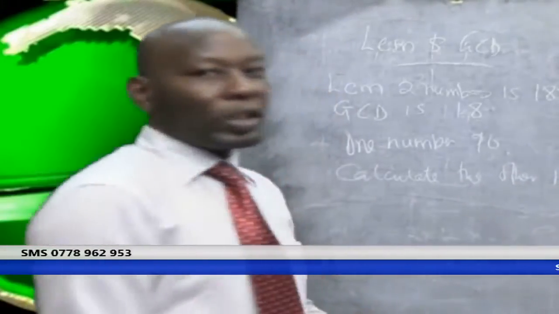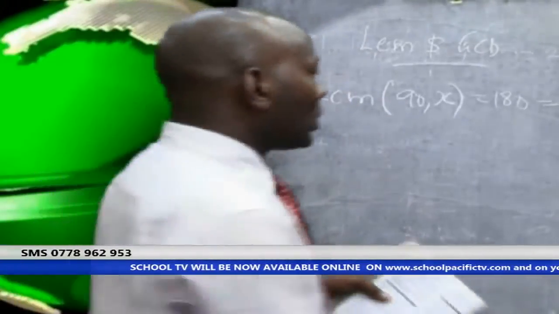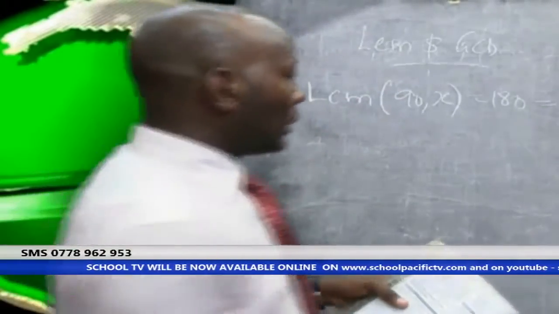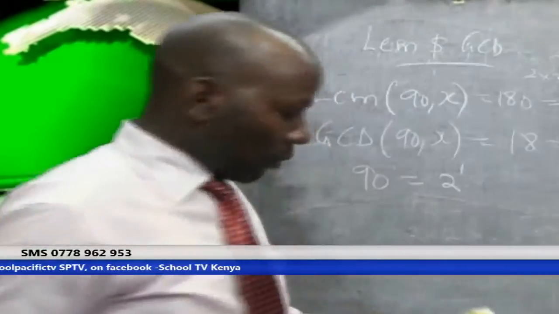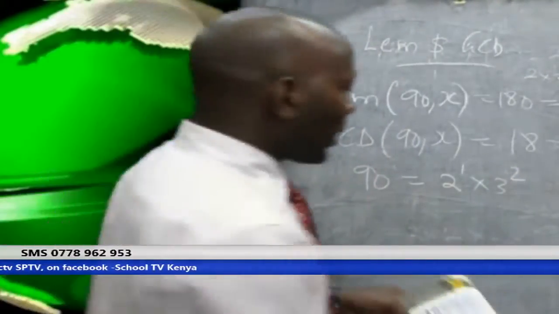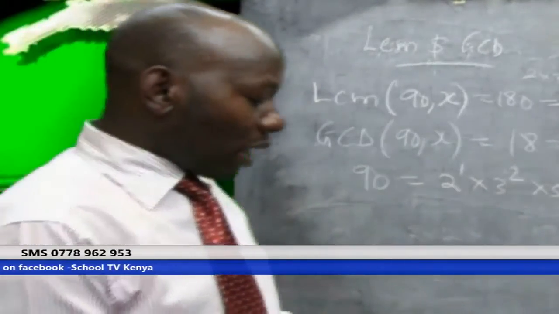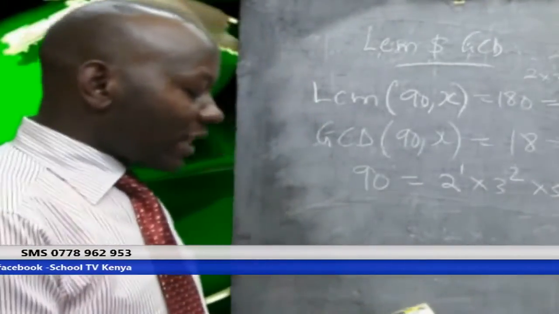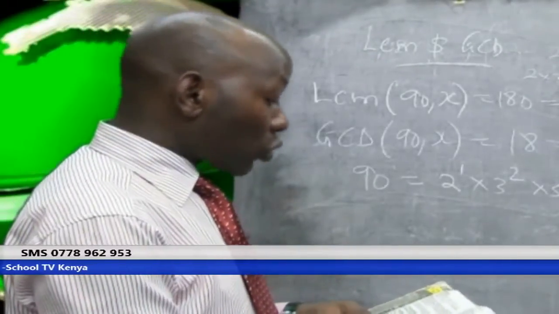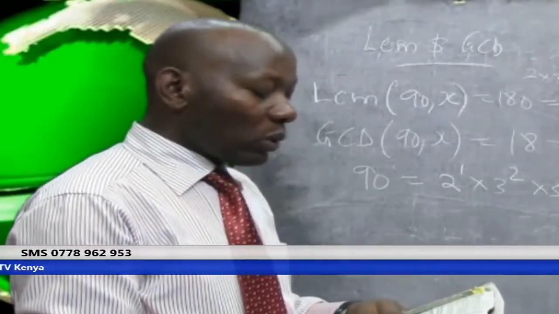So the question is, 180 in terms of factors is 2 to power 2 multiplied by 3 to power 2 multiplied by 5 to power 1. So in short, since the LCM has the greatest power of 2 as 2 squared, the number must have a factor 2 to power 2.